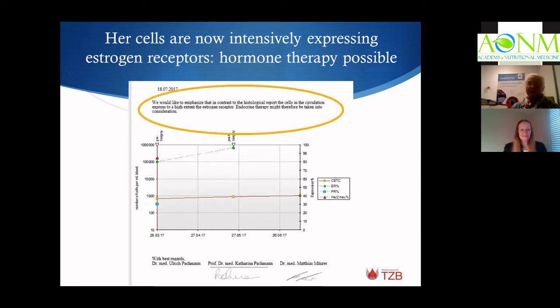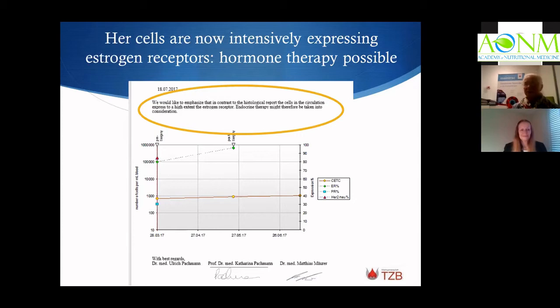So we would like to emphasize that in the first report on the primary tumor, the cells were declared to be hormone receptor negative, but in the circulation, they showed to be positive. And this occurs not rarely.